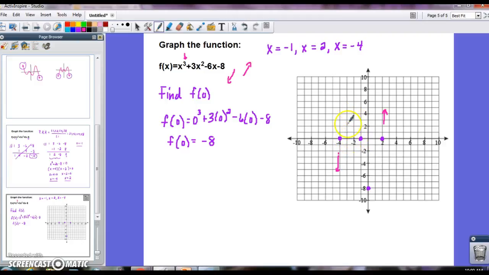So let's see if we can plot a couple more points. Let's look at f of negative 3 and see what's happening there. All I'm going to do is plug negative 3 in for x.